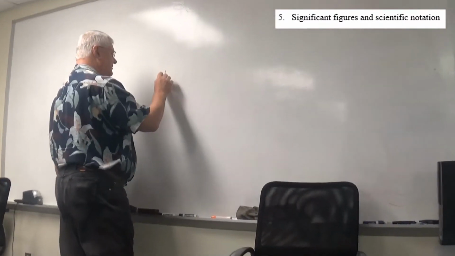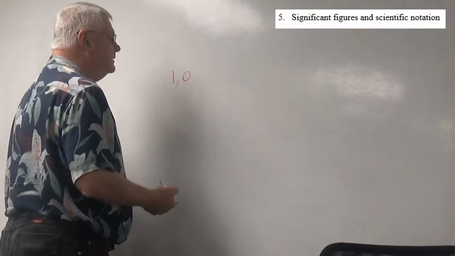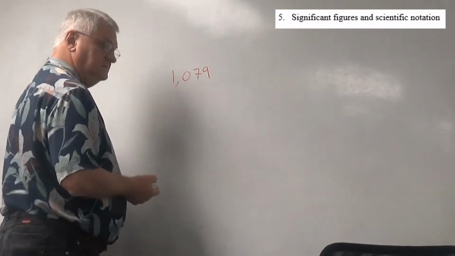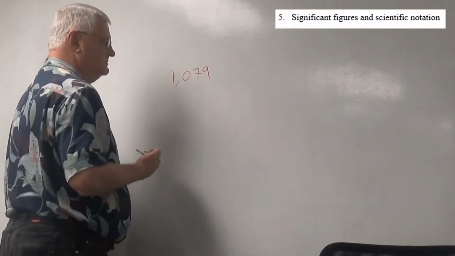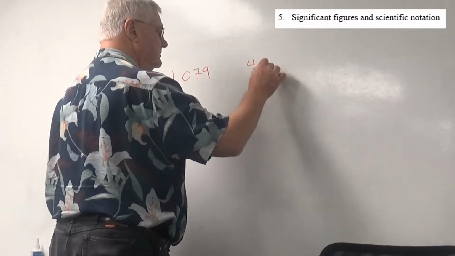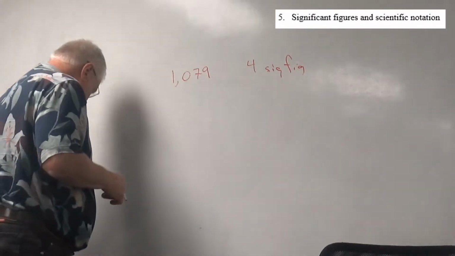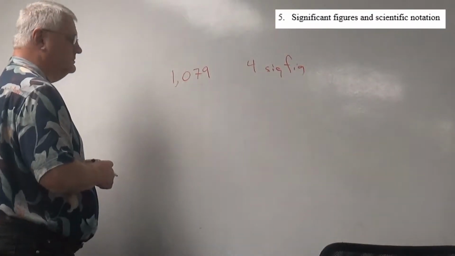And if we have a number that has a zero between non-zero digits, it's significant. So for this measurement, this value has 4 significant figures. The zero is significant because it's between non-zero digits.